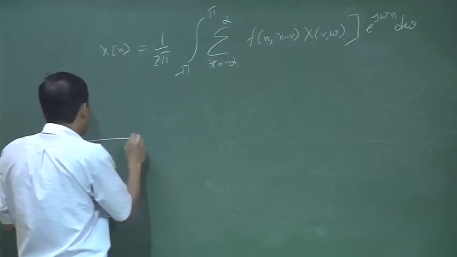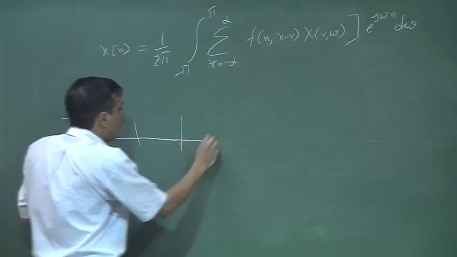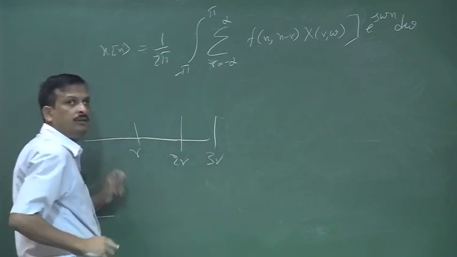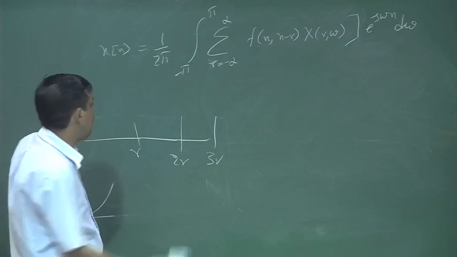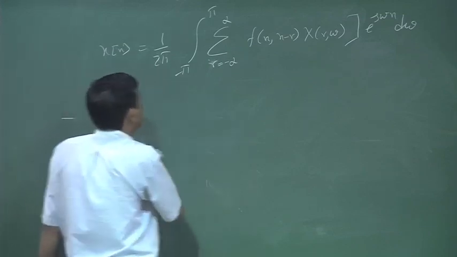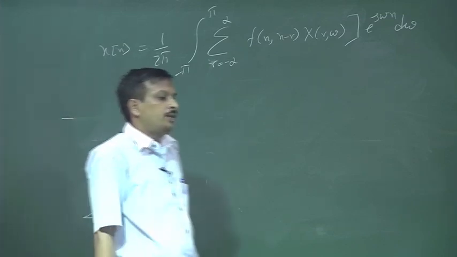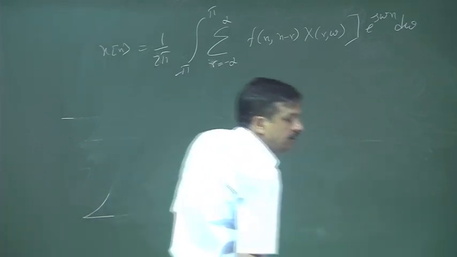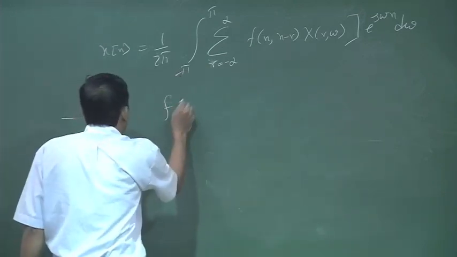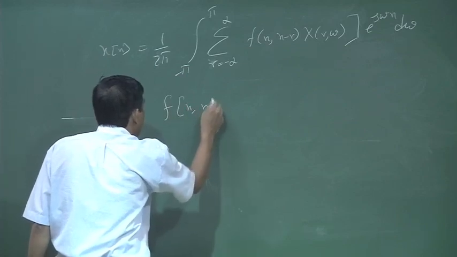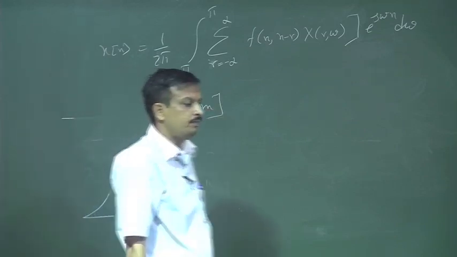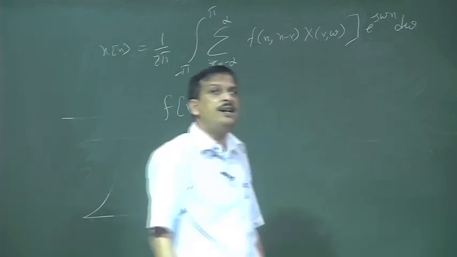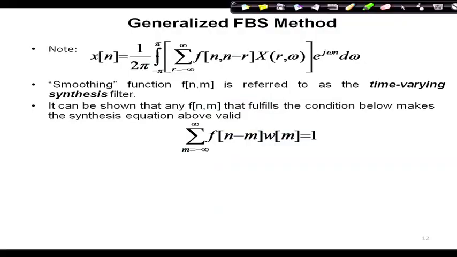So, first shifting, second shifting, third shifting. So, this is r, this is 2r, this is 3r. Okay. So, this is the decimation in time r. So, f of n minus r, I can say f of n, m is the smoothing function, the time varying synthesis filter. This is called the time varying synthesis filter.